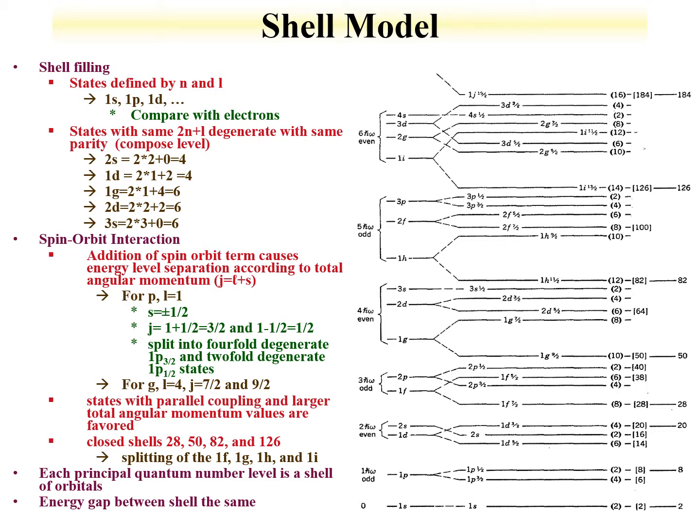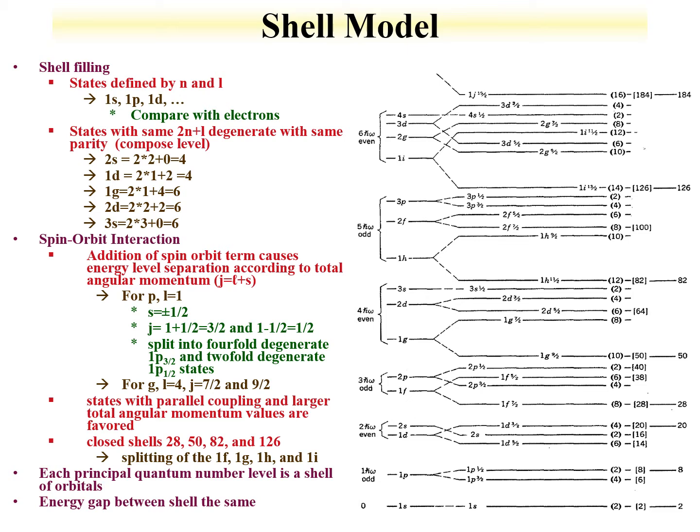The shell levels are filled based upon their relative energies, and we can define the states by two quantum numbers, n and l, n being the principal quantum number, l being angular momentum. Unlike electrons, nuclear states can have a 1p, a 1d, a 1f, a 1g.